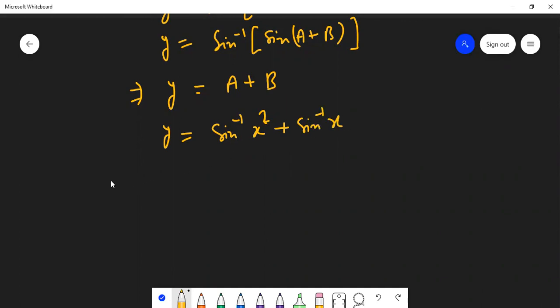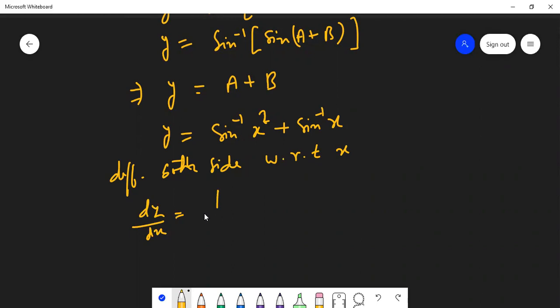Now, differentiating both sides with respect to x, we get dy by dx. The derivative of sine inverse x is 1 by the square root of 1 minus x squared, and in place of x you have x squared, like x squared squared.